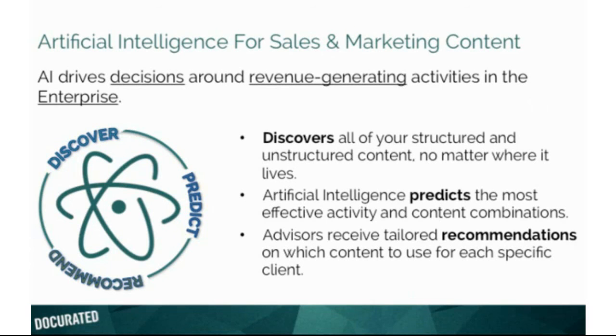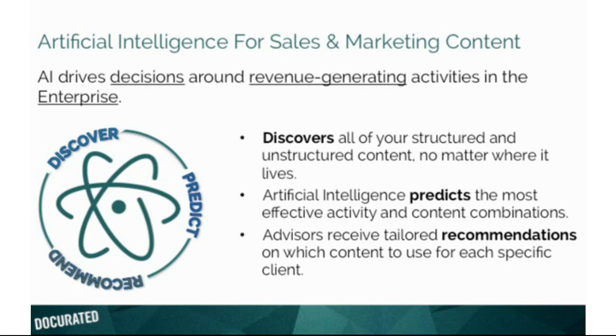So to recap, artificial intelligence for sales and marketing content: when we think about this category, you want to think about artificial intelligence driving decisions around revenue-generating activities in the enterprise.